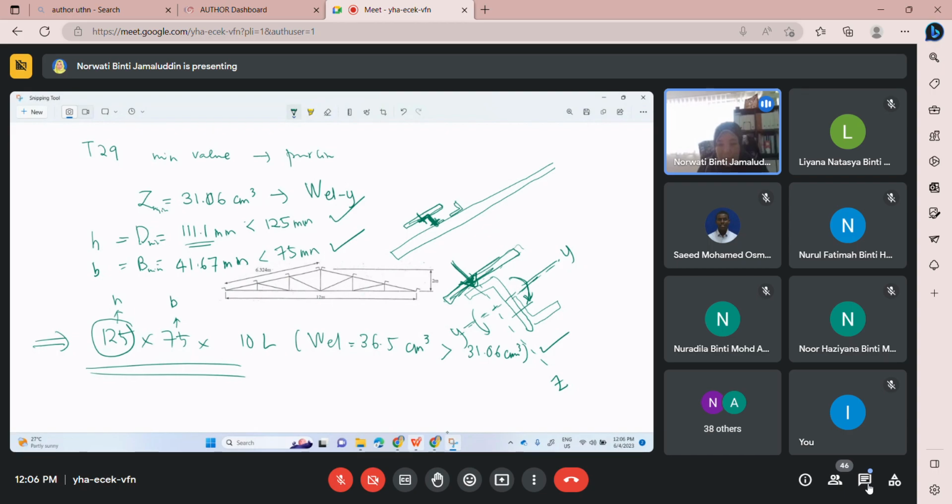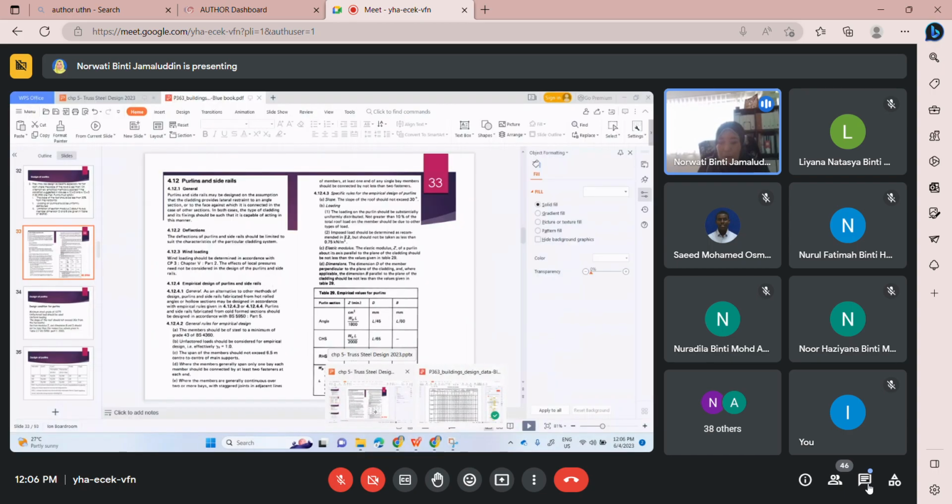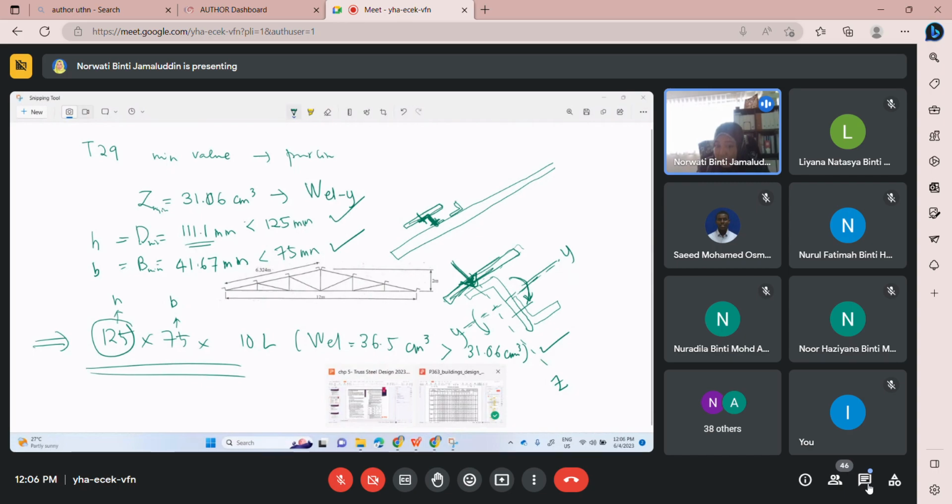Okay, next. Now we're done with purlin design. Now we want to analyze what is the load to be considered if we want to determine the internal forces in the truss member. Just now we already finished designing the purlin.